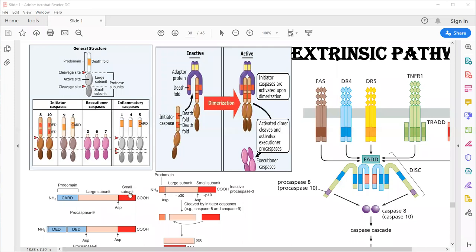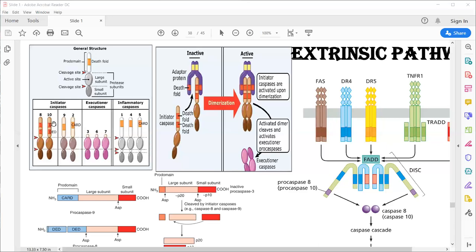As you can see, the initiator caspases, shown down here also, have a longer prodomain. The initiator caspases of the death receptor pathway have a conserved sequence known as the DED, or death effector domain, in their prodomain region, while the initiator caspases of the intrinsic pathway have a sequence in their prodomain known as the caspase activity recruitment domain.